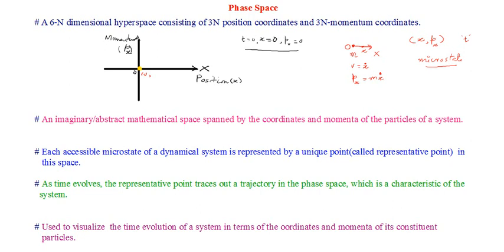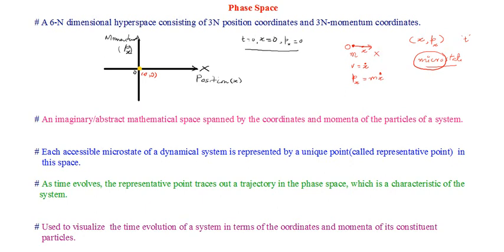Clear to you? 0, 0. So this point will denote the state of the system. What type of state? We call it the microstate. The microscopic description: what each individual particle's momentum and position is at a particular instant of time. So this point denotes the initial microstate of the system, right?